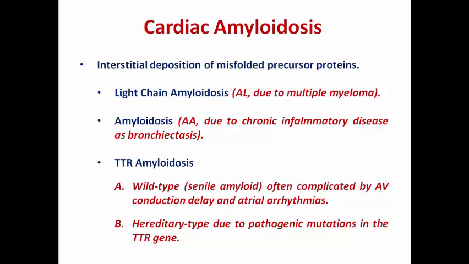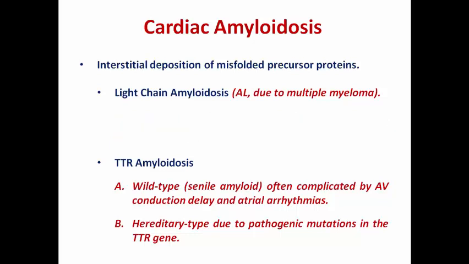Of course, because we are speaking about cardiac amyloidosis, AA is not a famous cause of cardiac affection, while light chain and TTR amyloidosis are the two most common examples causing cardiac amyloidosis.